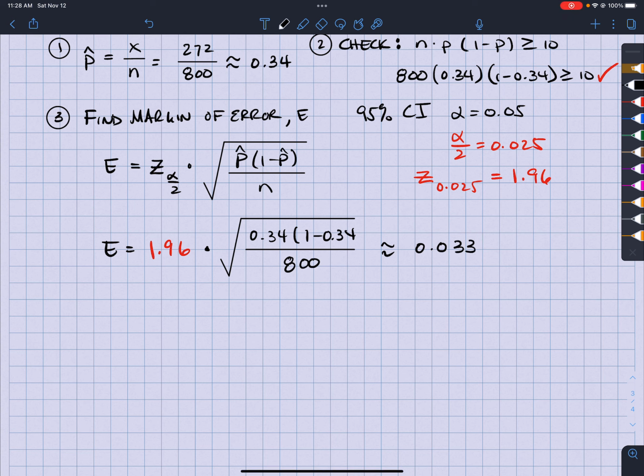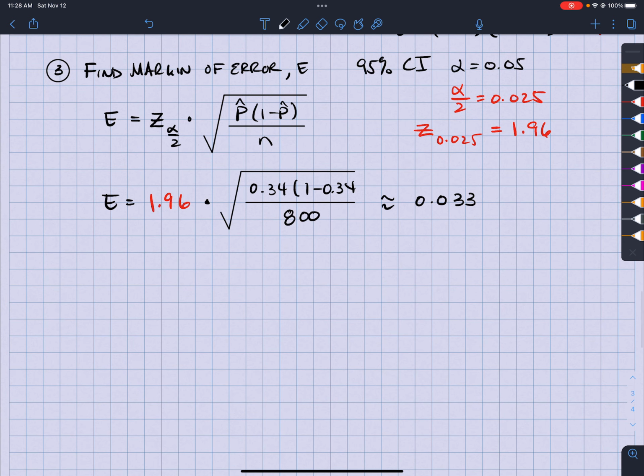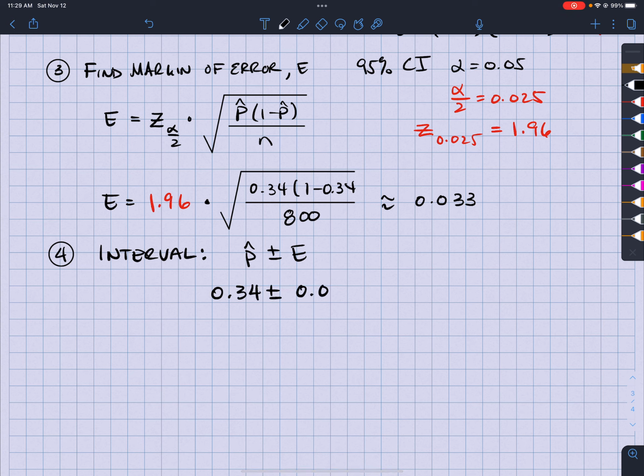So from there, to find the interval, step 4, the interval is going to be the p hat plus or minus the E. So, which means that my p hat is 0.34 plus or minus 0.033. So I have two answers here.